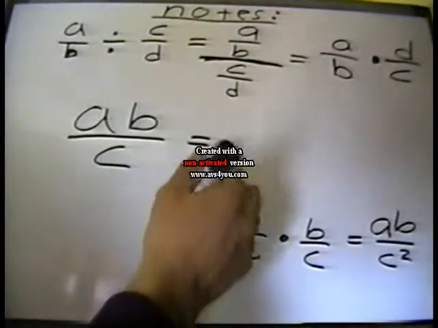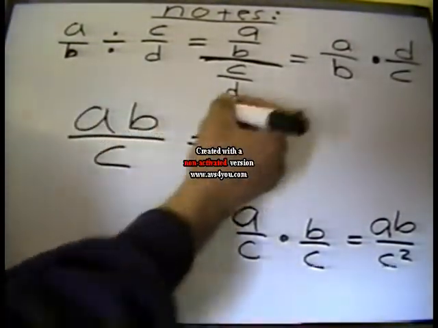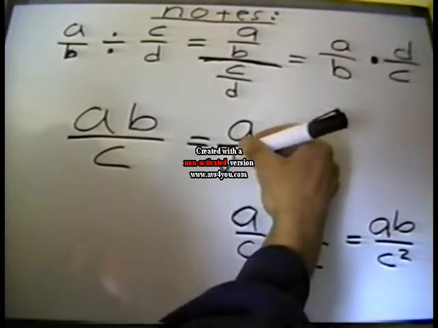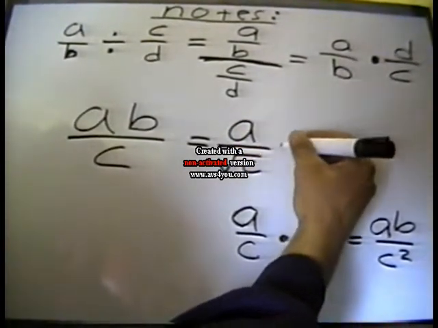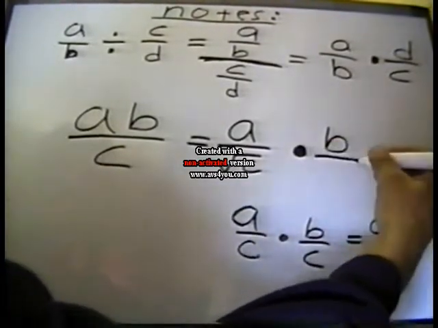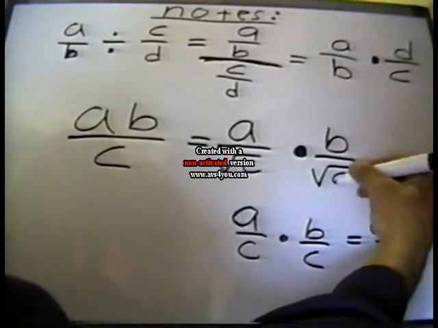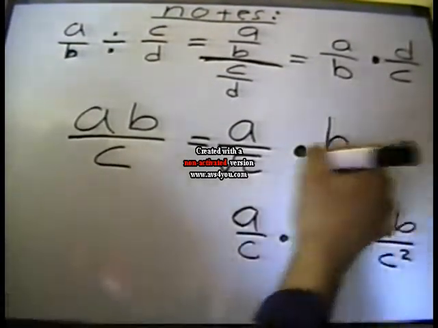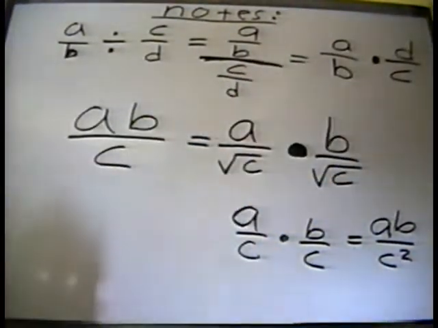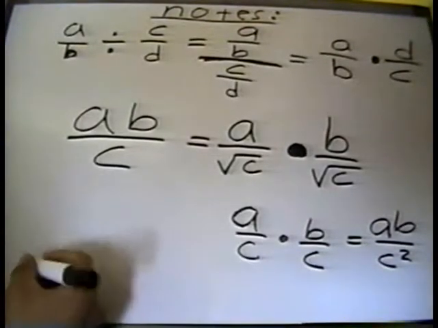So you should write this down as notes when you see something in this form. Now, if you have a fraction in this form, this can be broken into A over the square root of C times B over the square root of C. Or if you see any fractions in that form.